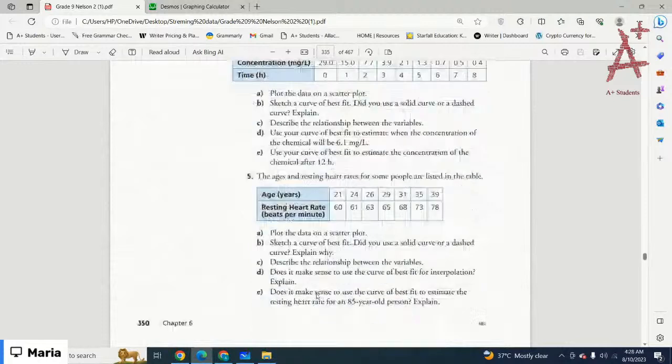Okay, let's just look at question number 5. The ages and resting heart rates of some people are listed in the table. Plot the data on a scatter plot, sketch a graph of best fit. Okay, these are the two very basic things you have to do for every question.